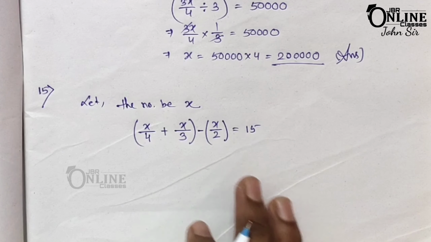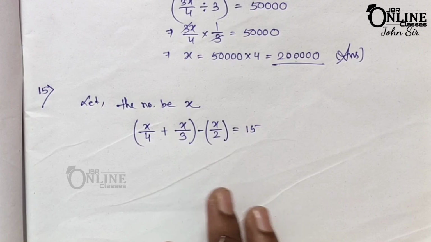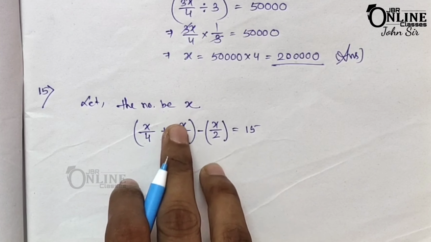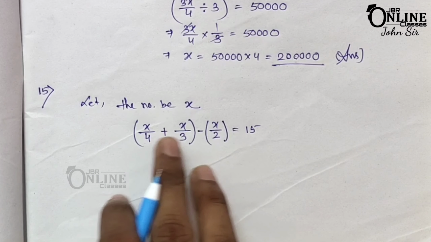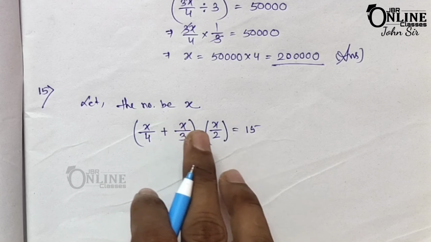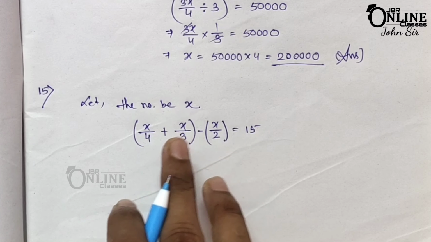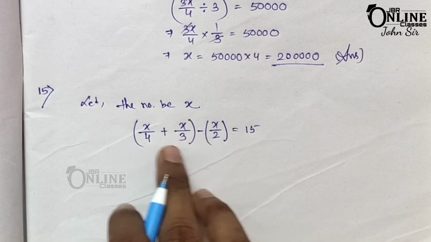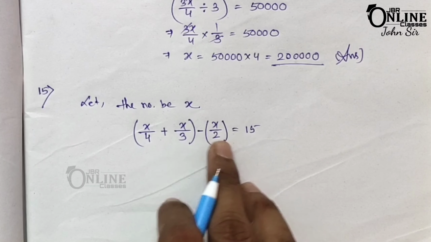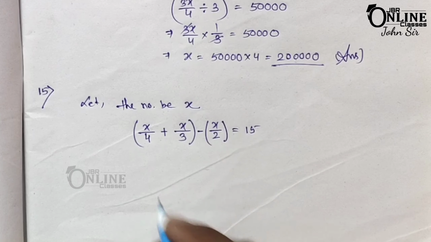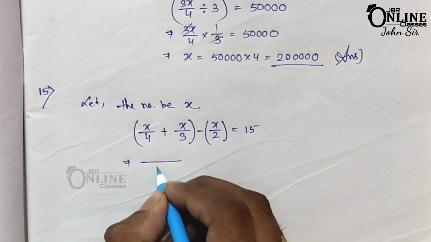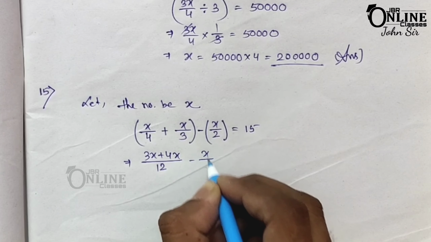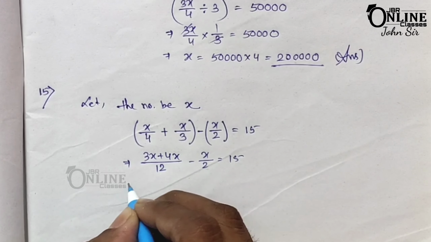Okay, so first you have to construct the equation very carefully, as here 1 by 4th of the number is added to 1 by 3rd of the number, and this addition is 15 greater than half of that number. So this one will be in bracket minus x by 2, that equals 15. So here the LCM is 12, then 3x plus 4x minus x by 2 equals 15.